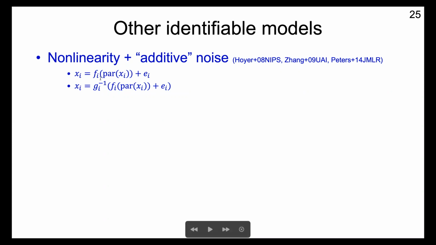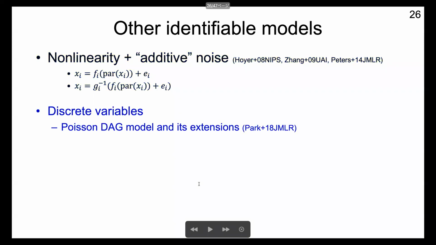They have a nonlinear function here, fi here, and gi here. However, the error or noise ei is additive, in the form of plus ei. They are for continuous variables.